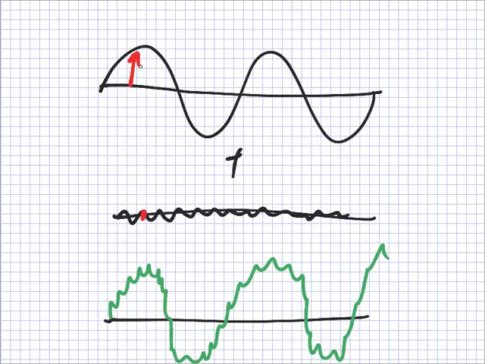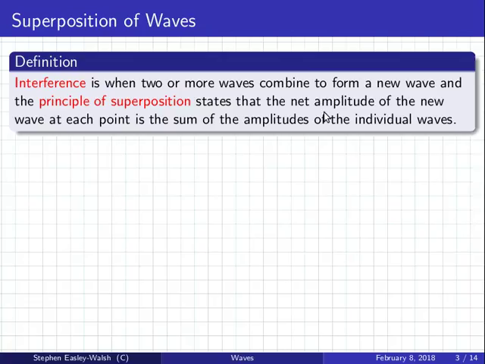So because this is much bigger, it means it mostly keeps its shape, except these little heights add and subtract as you move along. So this is what I mean when I say the net amplitude at each point is the sum of the amplitudes of each wave. Now, you need to copy this word for word. Those words are very important: interference and principle of superposition.